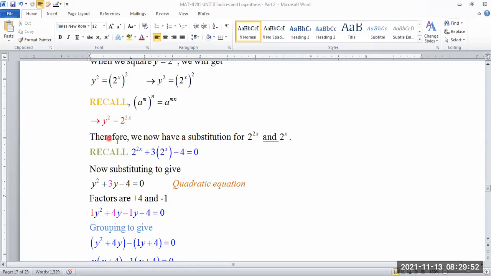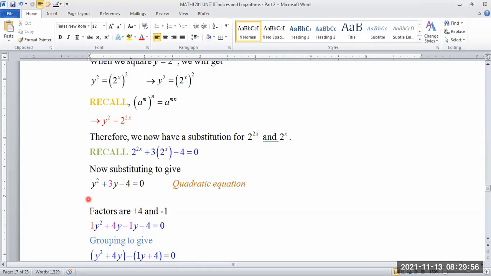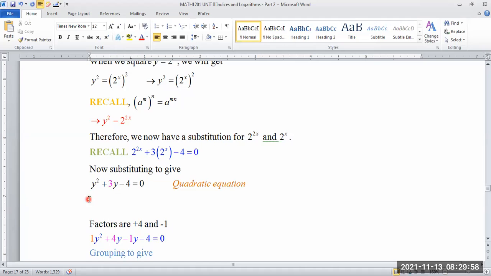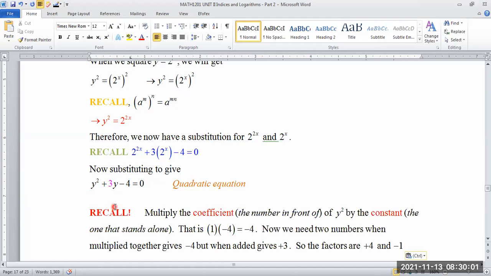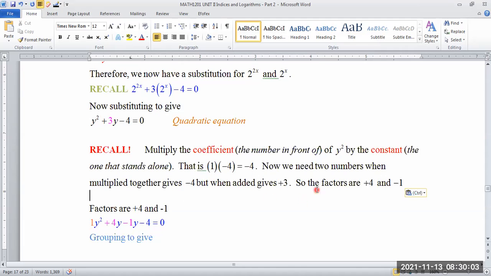And look at what we're doing. I'm going to just help you here too, to do the factorization. So recall, multiply the coefficient, that is Andrew. It is the number in front of.